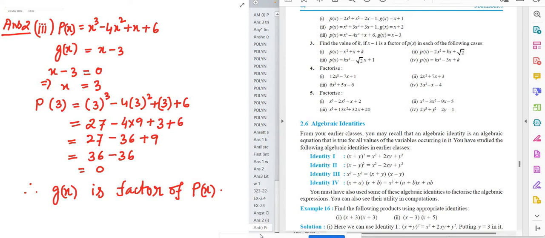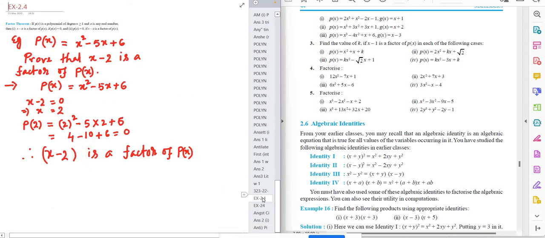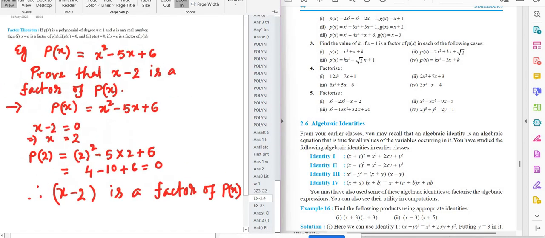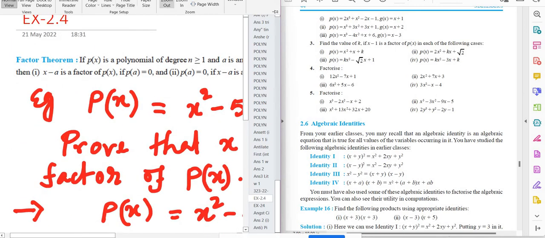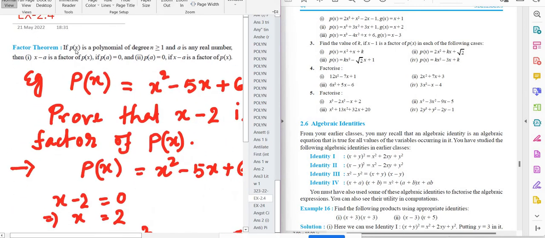So what you have learned, I am showing you. Here is what you have learned in the factor theorem. See here: p(x) is a polynomial of degree n greater than or equal to 1, and a is any real number, then x minus a is a factor of p(x) if p(a) equals 0. That too we have proved.